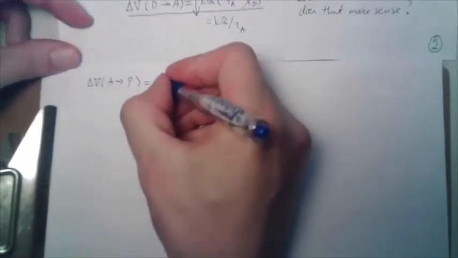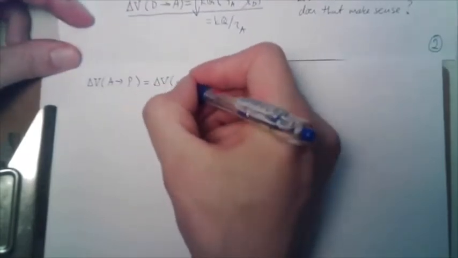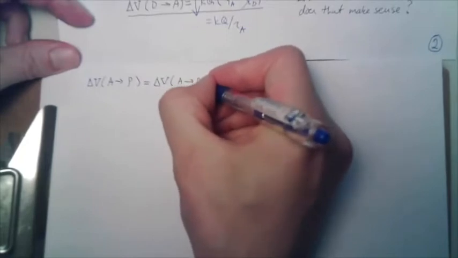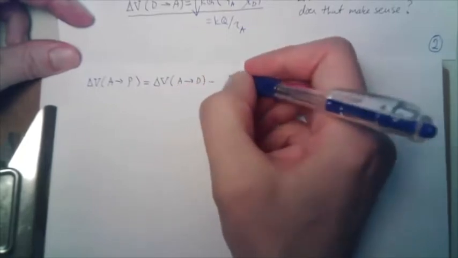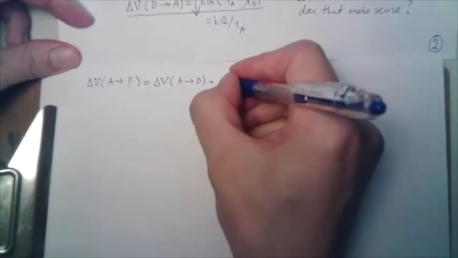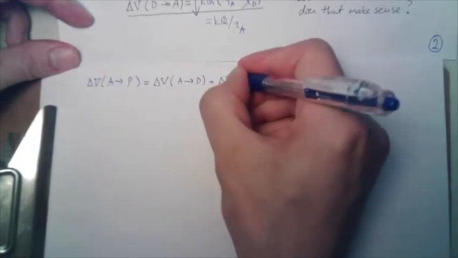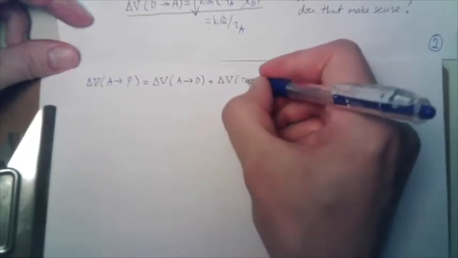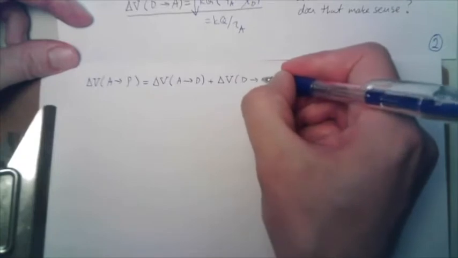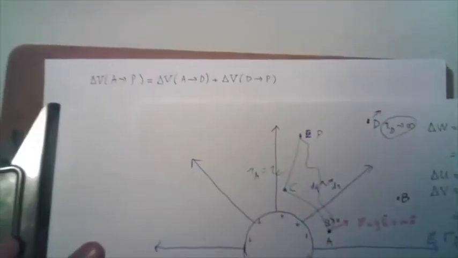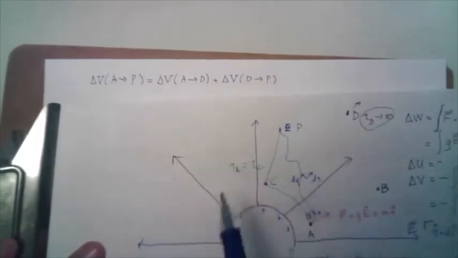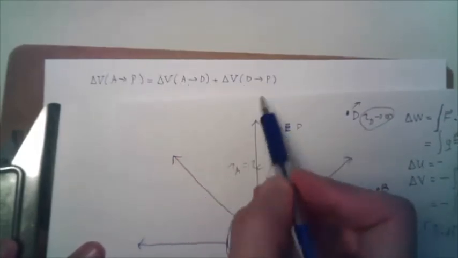So we're going to go first delta V, A to D, plus the potential change from D to P. All right, so delta V, we just split up the path from A to D and then D to P.